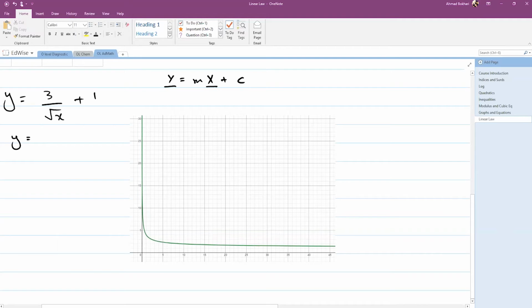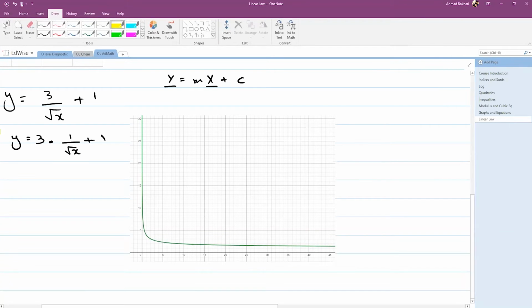So let's see. Let's separate this. We can make this as 3 times 1 over square root x plus 1, right? Now you can see here that this is y, this is another variable, and the other two, this and this, are just constants, right?